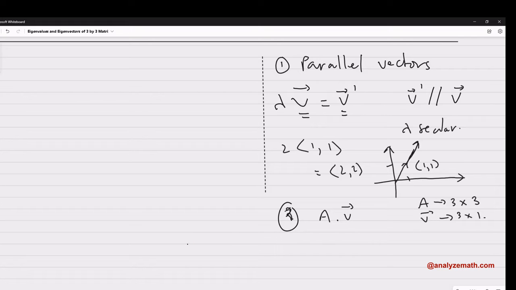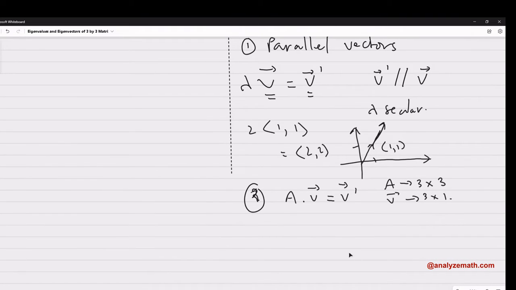If you multiply this v by matrix A, you are making a transformation, and you will obtain another vector. Let's call it v prime.